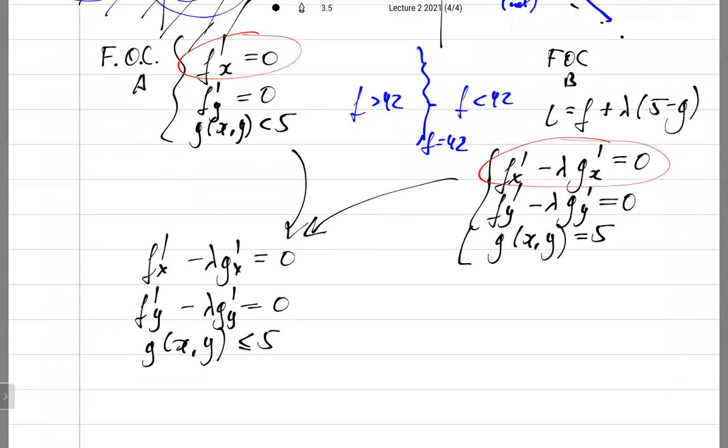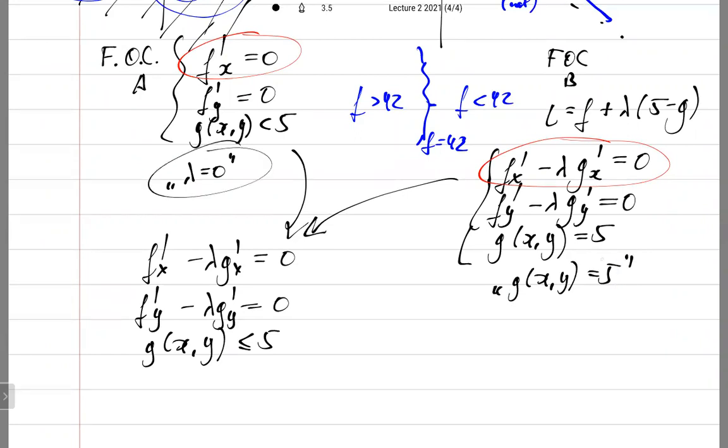And what may happen? I may have either the case lambda equal to 0, or the case where g of x, y equals 5.